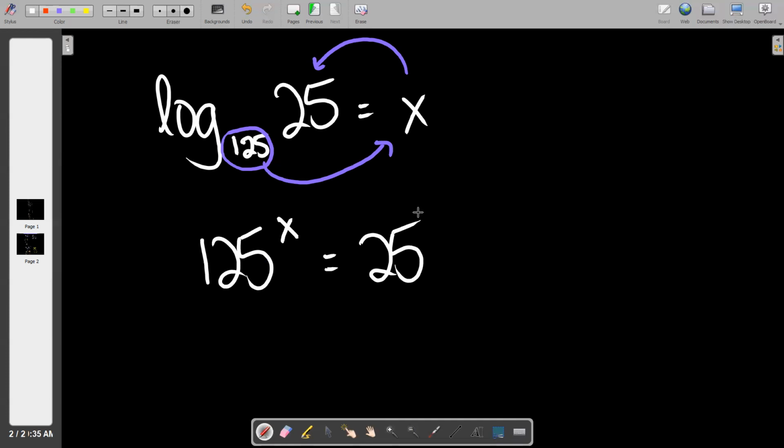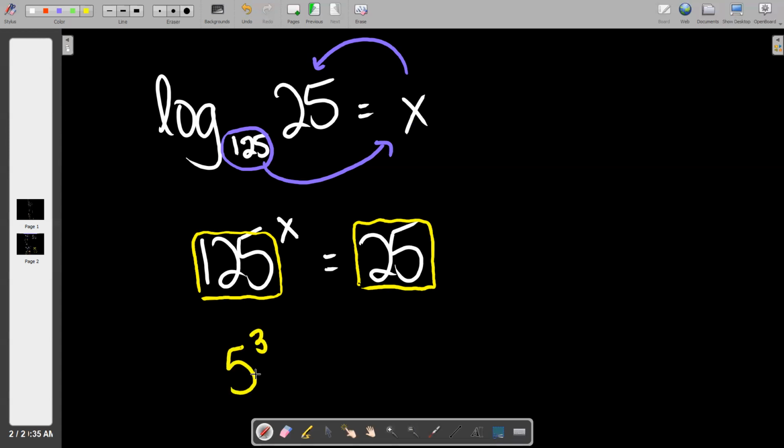Beautiful. And now again, I go off to the side and I say, what is something that is a base that I can use to make both of those? So we agree that 125 is 5 to the 3rd. And we agree that 25 is 5 to the 2nd, right?